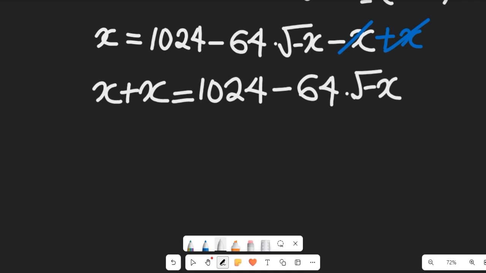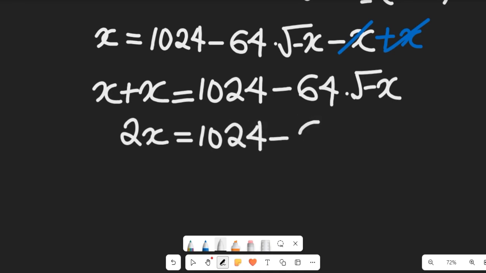Great. So this is going to give me 2x equal to 1024 minus 64 multiplied by the square root of negative x.